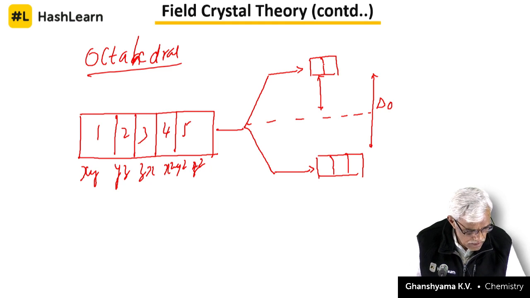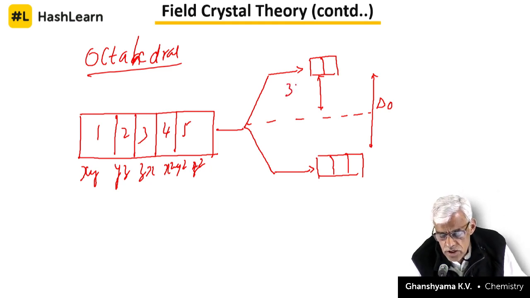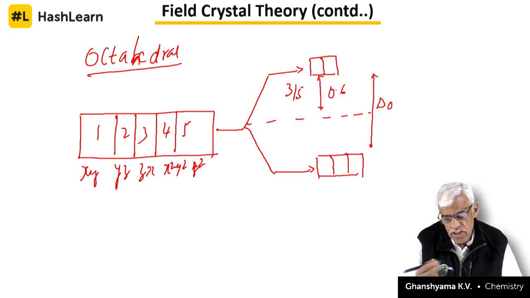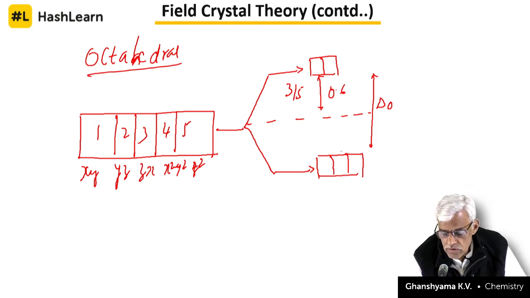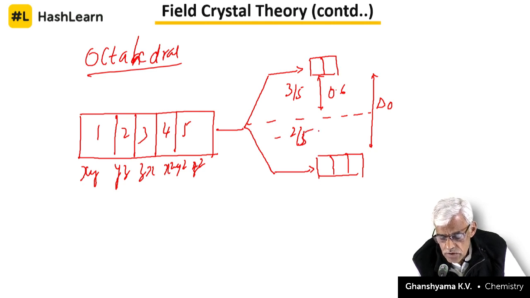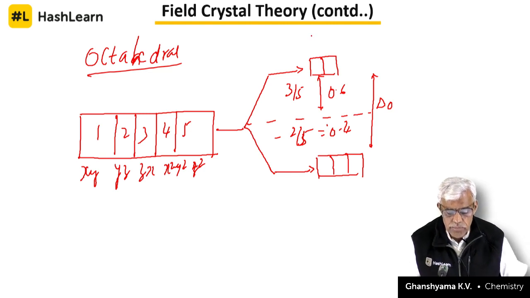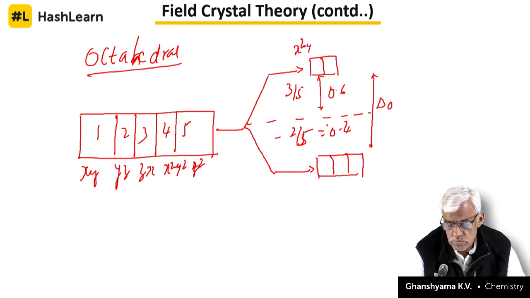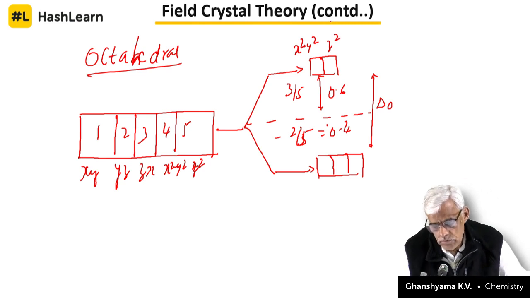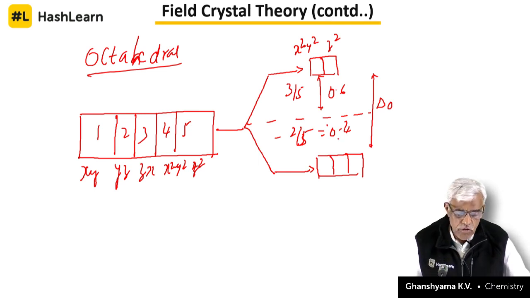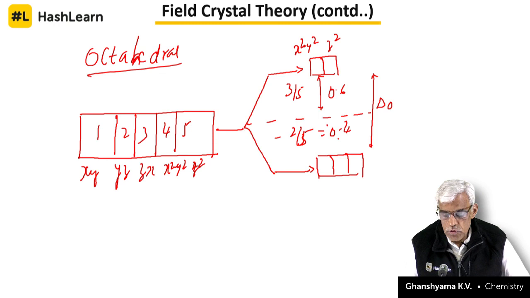The dx square minus y square and dz square, their energy is increased by 3 by 5, that is 0.6 increased than the normal, whereas these three will be decreased by 2 by 5, that is minus 0.4. So x square minus y square and z square will have higher energy, and xy, yz and zx will have lower energy.